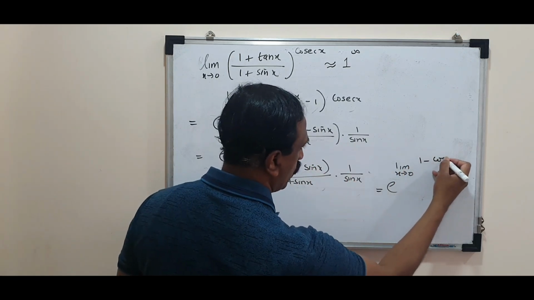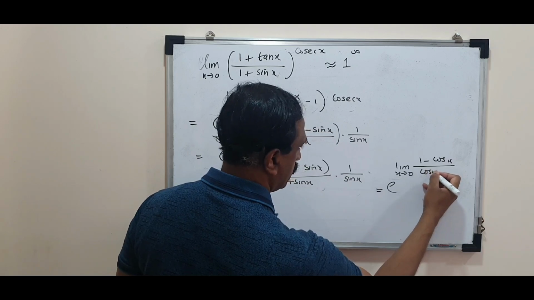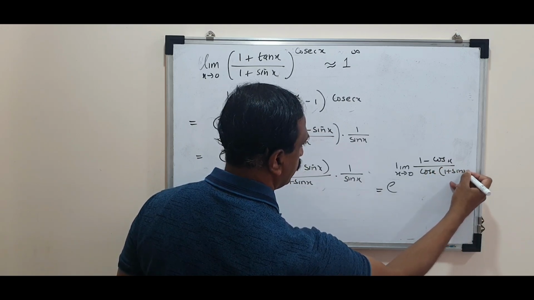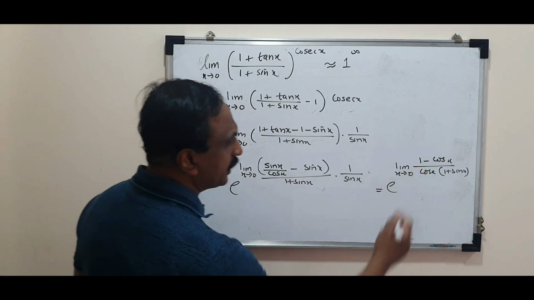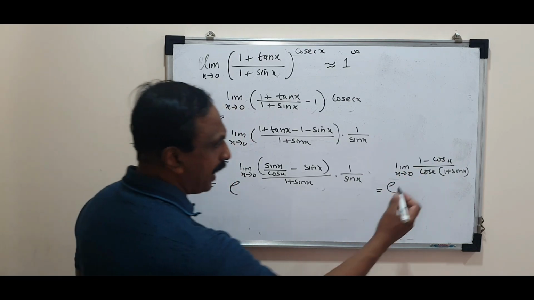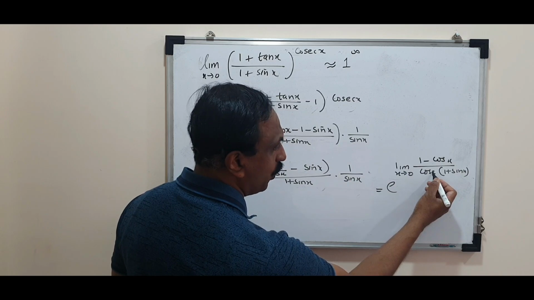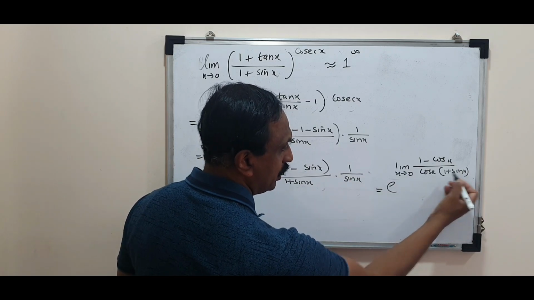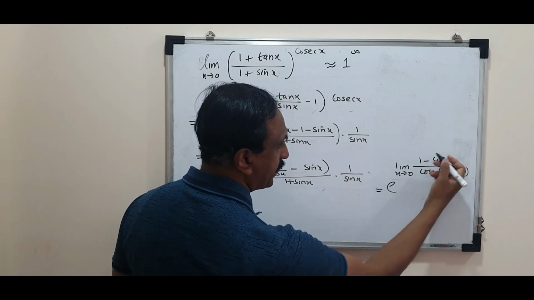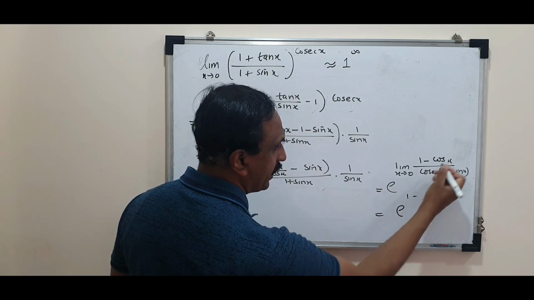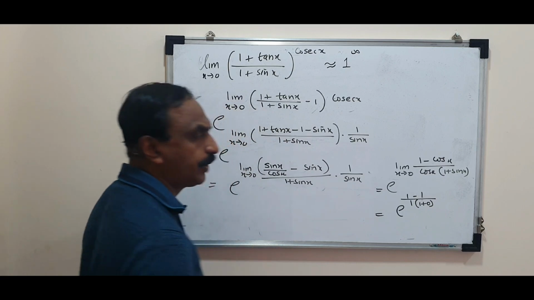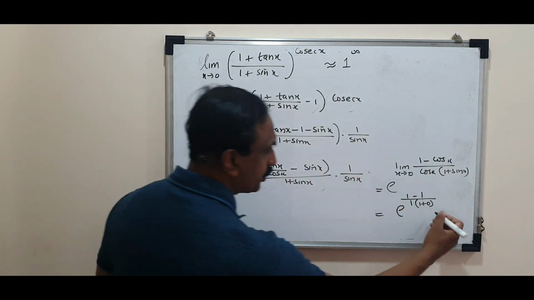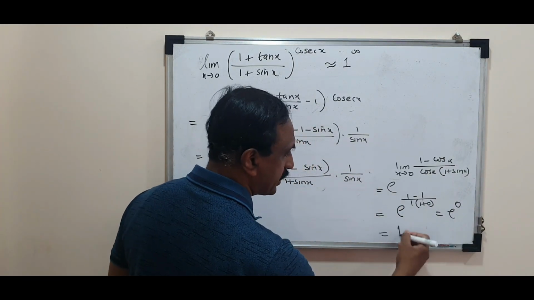So 1 minus cos x upon cos x into 1 plus sin x. Now, what can we do further? If I apply the limit, cos 0 is 1, sin 0 is 0. So denominator is 1 and numerator is 1 minus 1. So 1 minus cos 0 divided by 1 into 1 plus 0. So denominator is not becoming 0, only numerator becomes 0. So e raised to 0 and so the answer is 1.